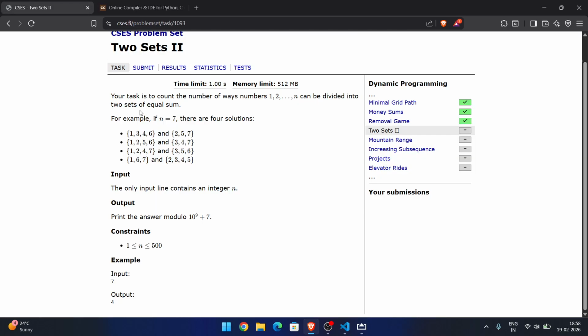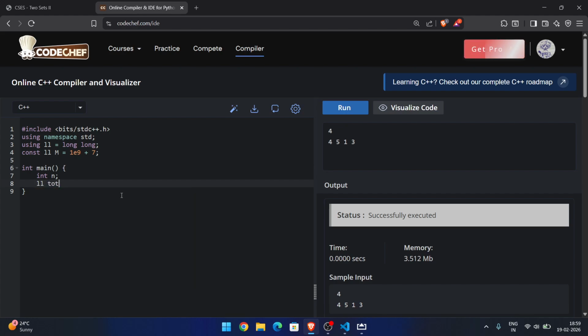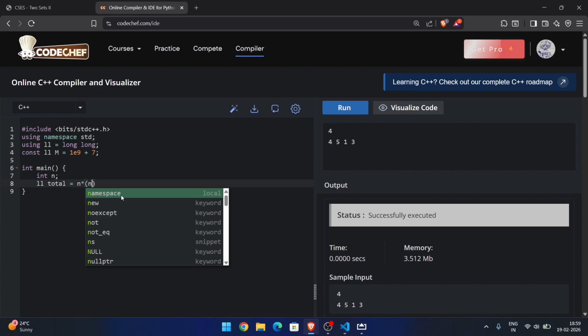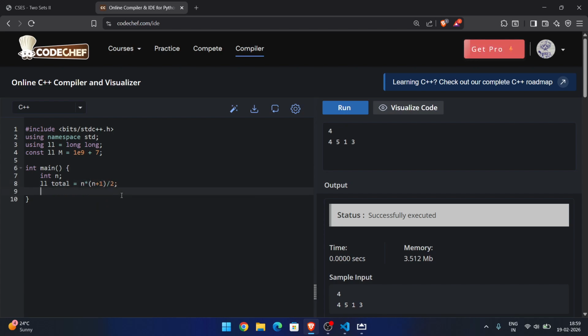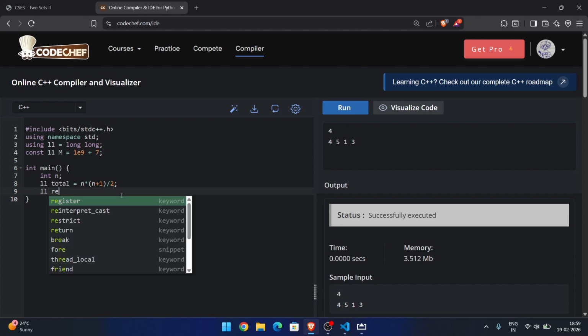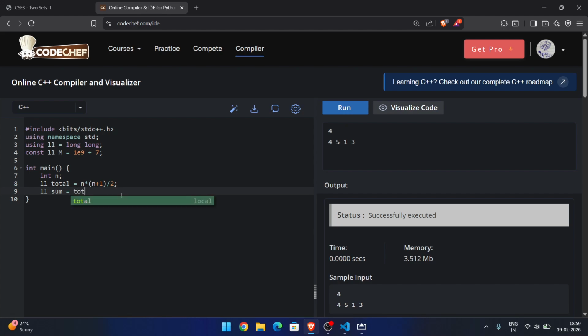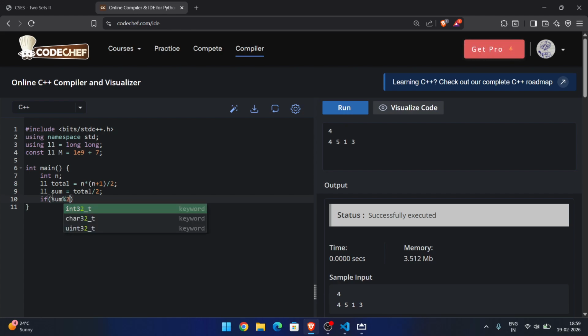We are given int n. Total sum is n into n plus 1 by 2. So our required sum would be total divided by 2. Now one more condition: if the required sum is odd, then we would simply output 0, because there are no possible ways.